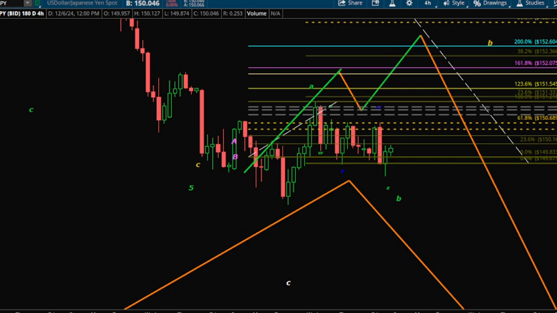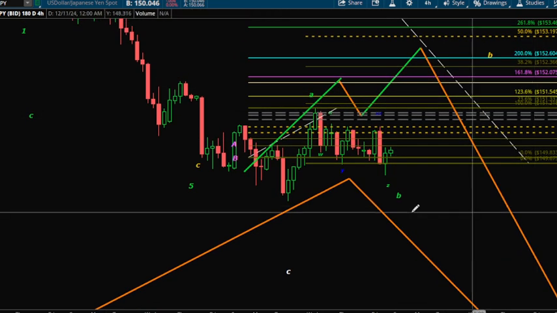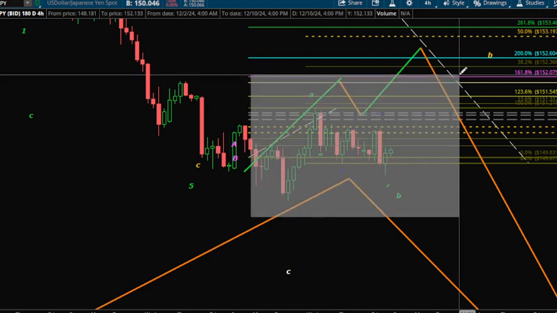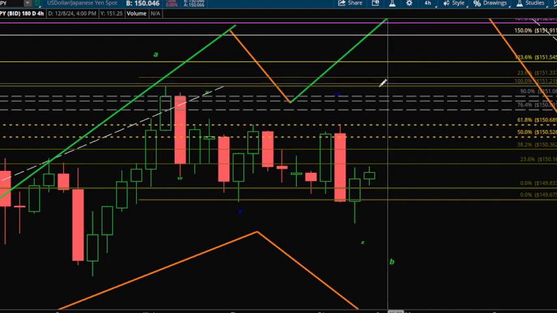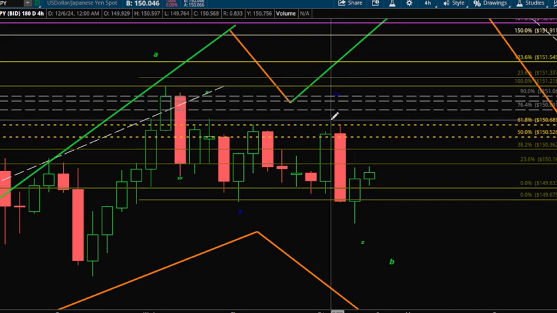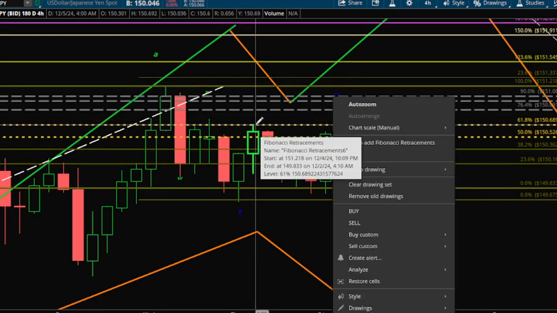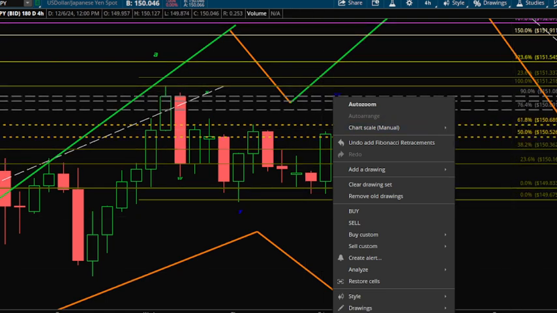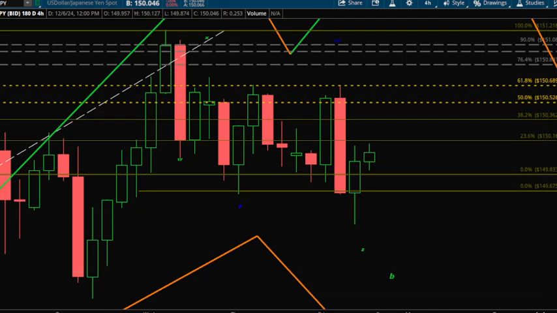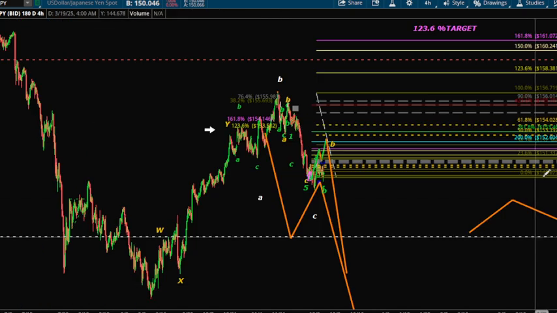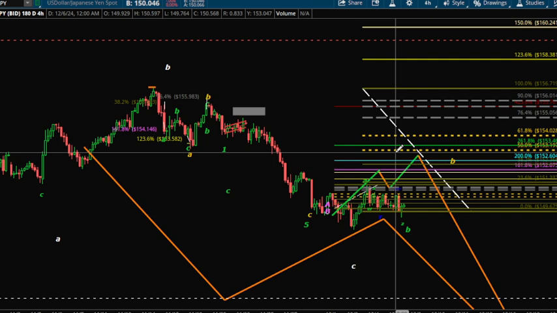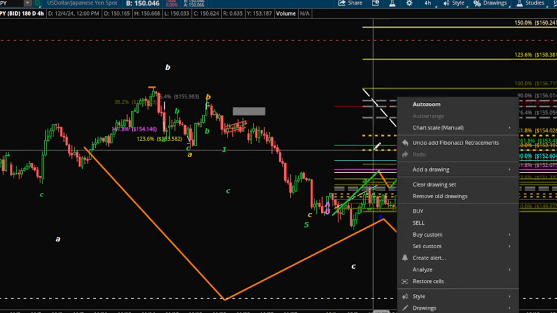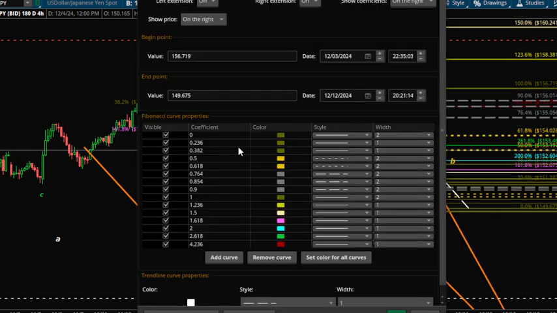Can I do this? I don't want to get rid of all these fibs because it has targets. Let's do this.